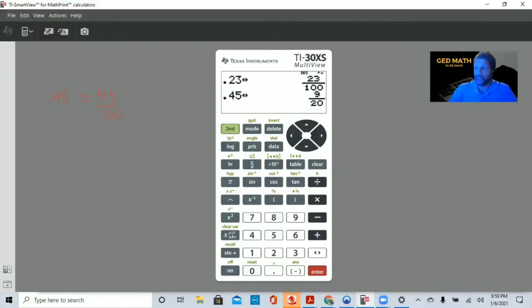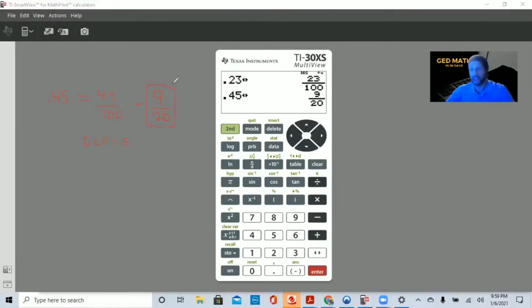If we did this by hand, again, we would have to find the greatest common factor. The greatest common factor that goes into both 45 and 100 is 5. 5 goes into 45 9 times, and 5 goes into 100 20 times.